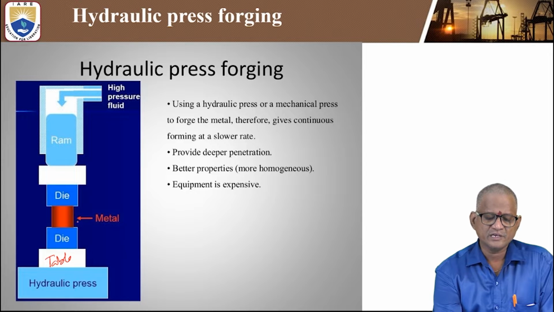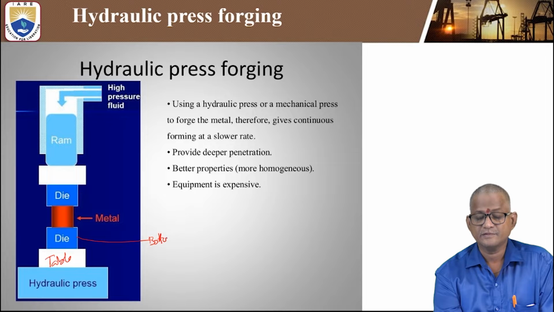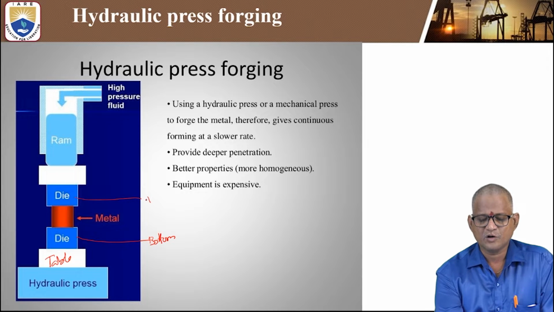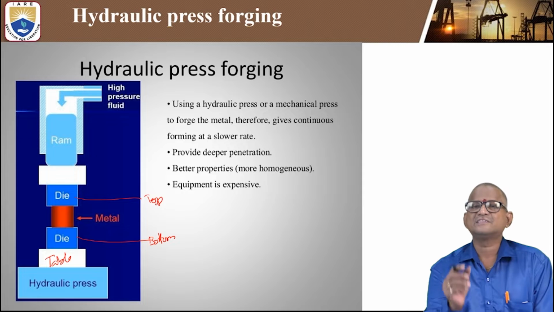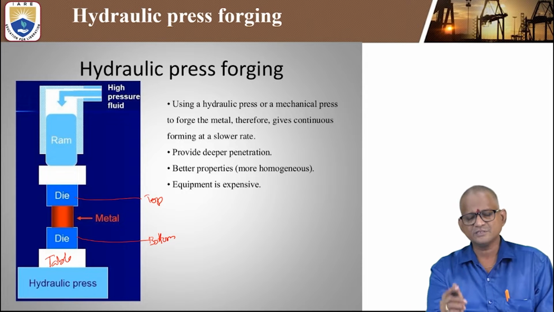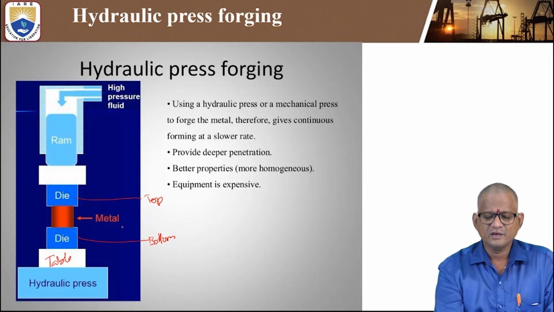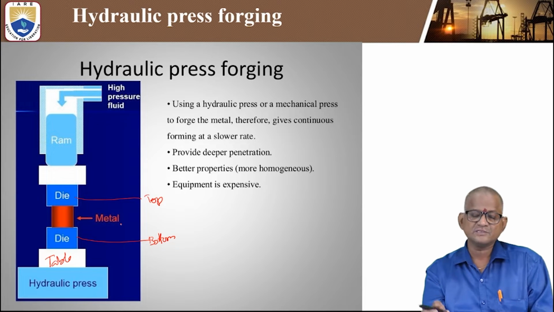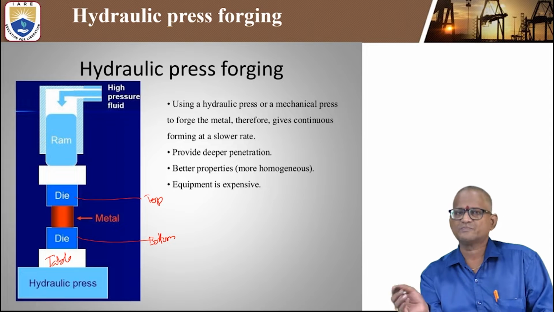This is called the bottom die and this is called the top die, and in between is the workpiece, the heated metal. When it is a hot forging process, you keep the hot metal; when it is a cold working process, you keep the metal at room temperature.